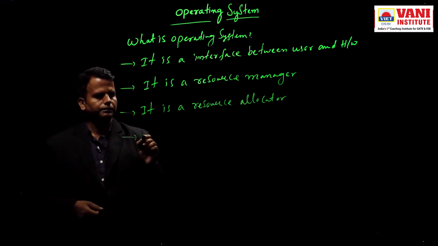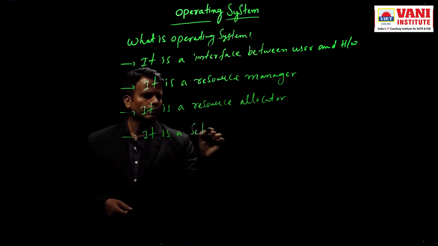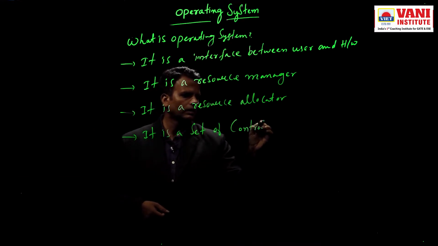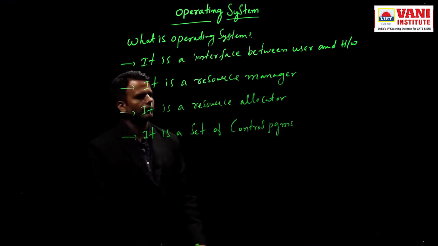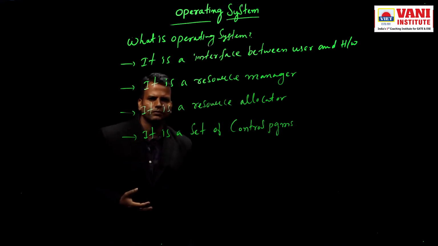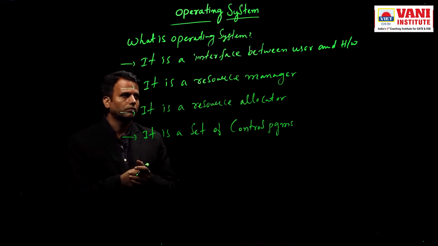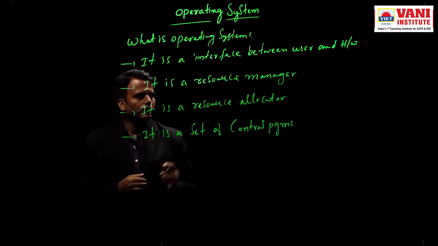Now fourth one, it is a set of control programs. These are the few definitions which I have collected, and they will suit our discussion also. This is the main important thing: it is an interface between user and hardware.